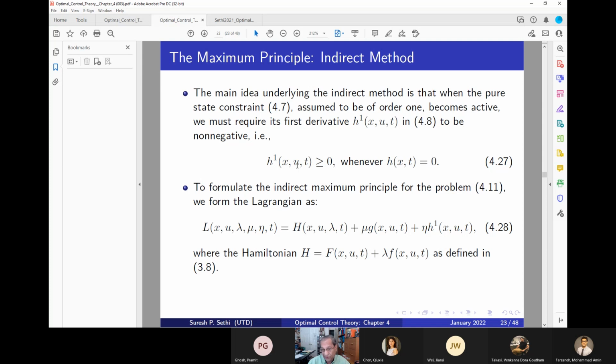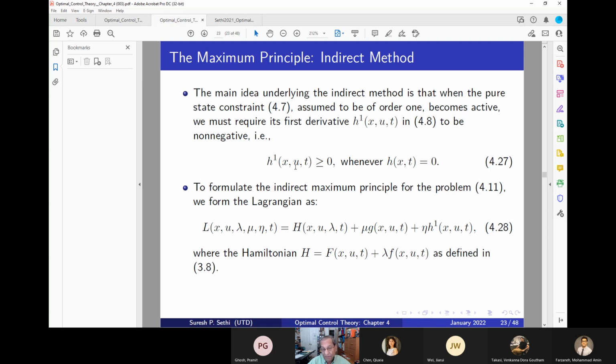We cannot manipulate x. We cannot manipulate the state. So we have to go as far as that derivative where u appears. Those are called higher order constraints, and there are maximum principles available for that, but they are so rare, and most of the time the derivatives usually have a control, so we'll only look at the first order constraint.